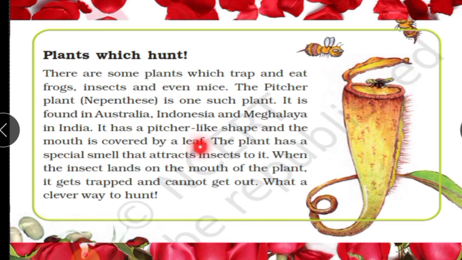It has a pitcher-like shape and the mouth is covered by a leaf. The plant has a special smell that attracts insects to it. When the insects land on the mouth of the plant, they get trapped and cannot get out. What a clever way to hunt.